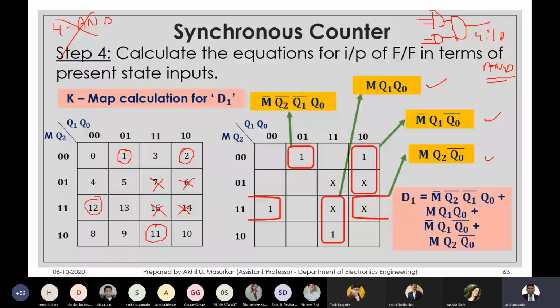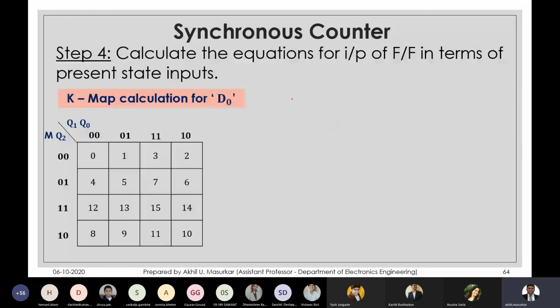So let's go to the calculation of D0. Again, 7, 6, 14, 15 are don't care. And which other terms are 1?